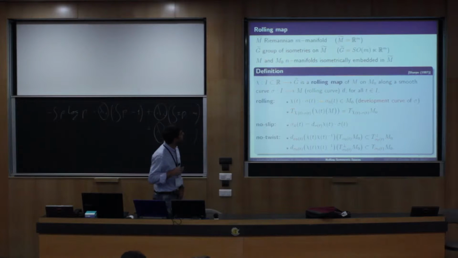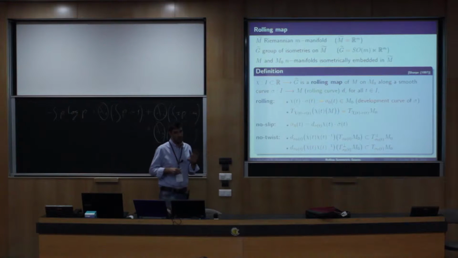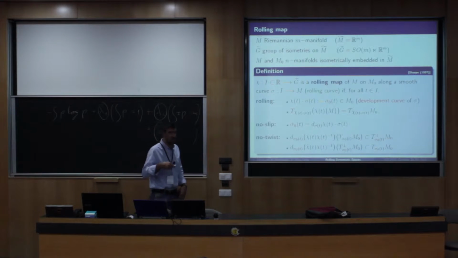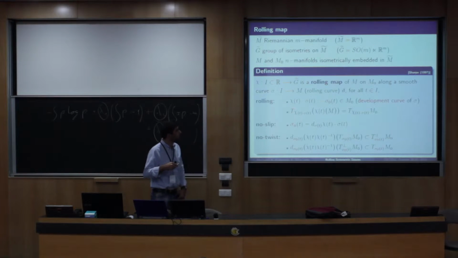Then I denote by G tilde the group of isometries that preserve orientation, which is required for this kind of motion. If M tilde is the Euclidean space R^m, then the group of isometries is the semi-direct product of the special orthogonal group and R^m.